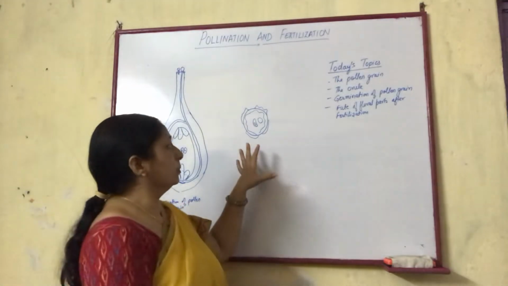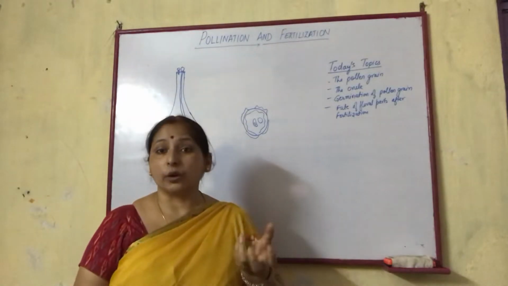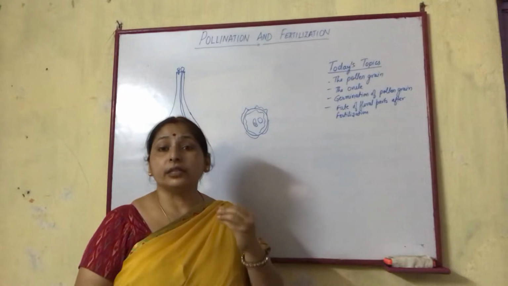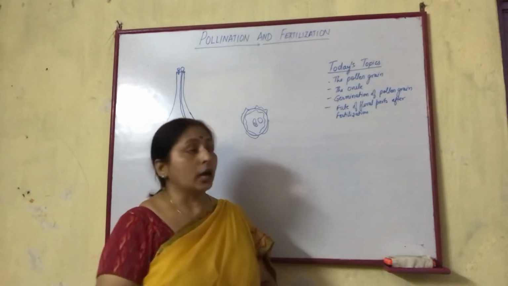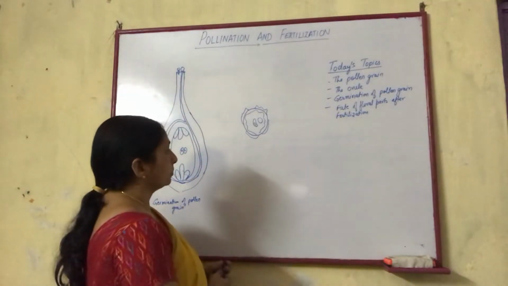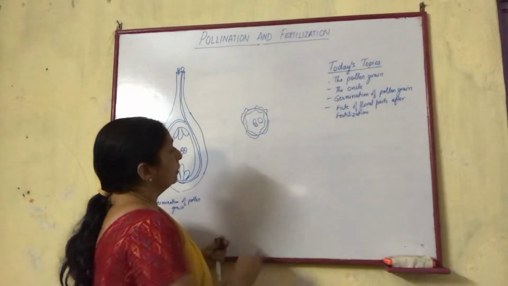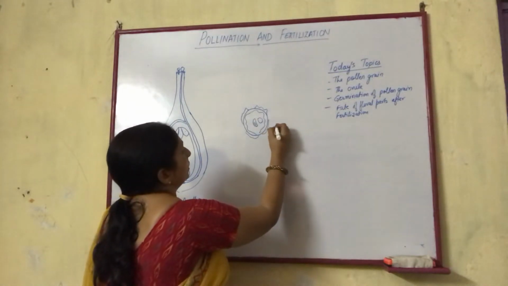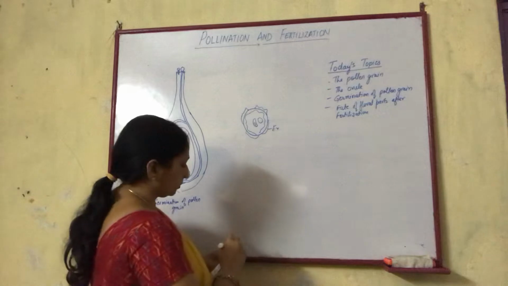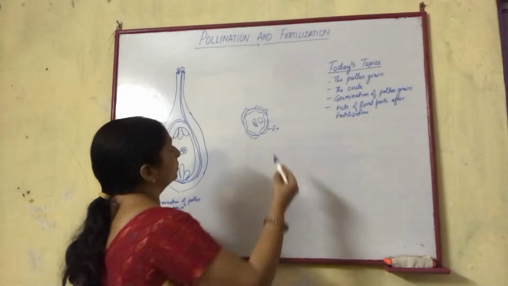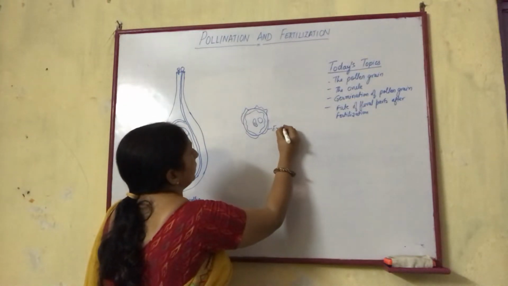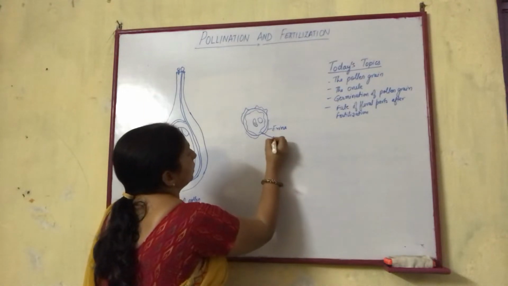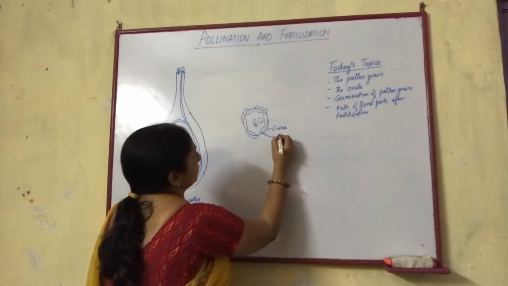Pollen grains are round or oval structures with two layers. The outer tough covering is termed the exine, and the inner covering is the intine.